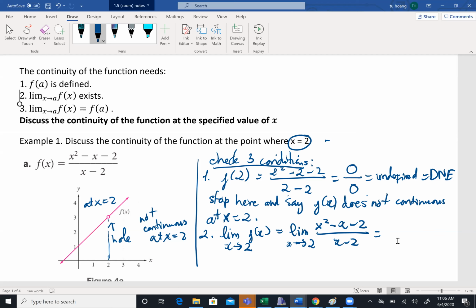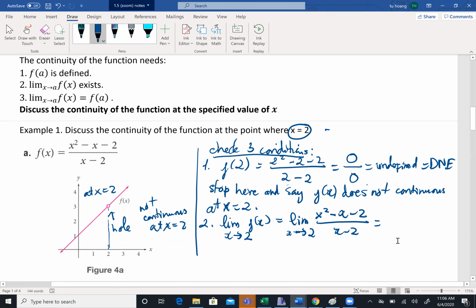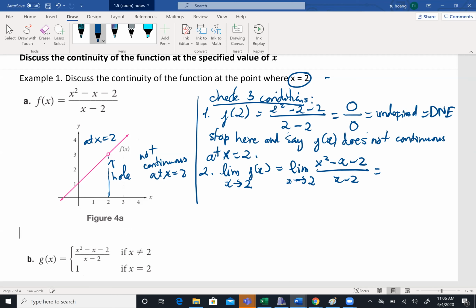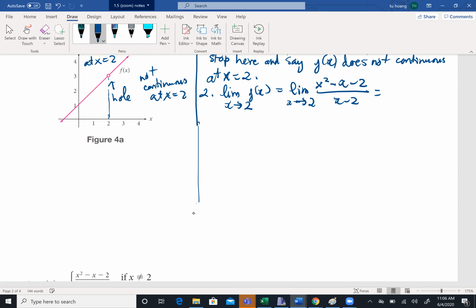If you know how to factor, for this case the top is a quadratic.